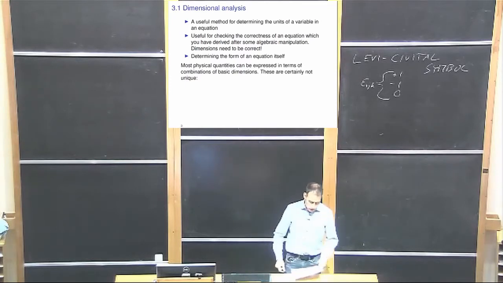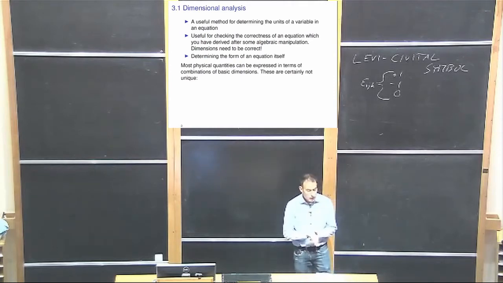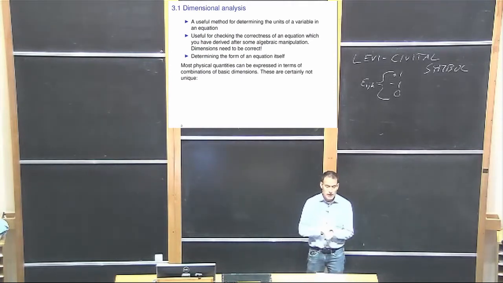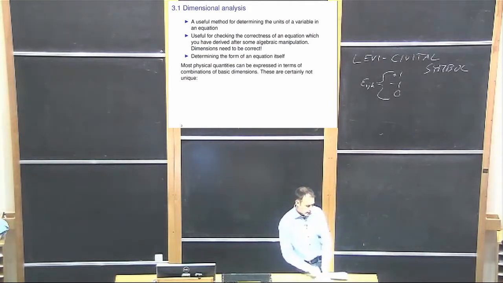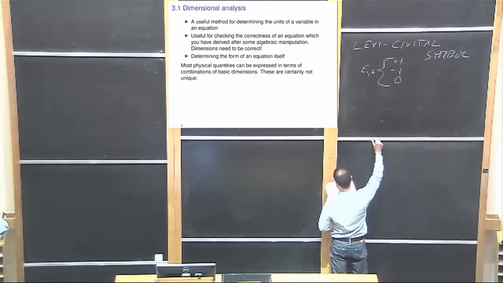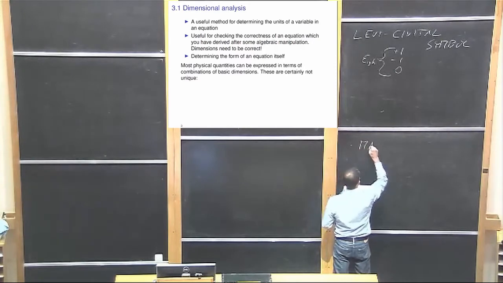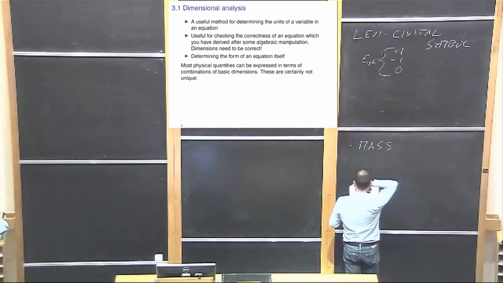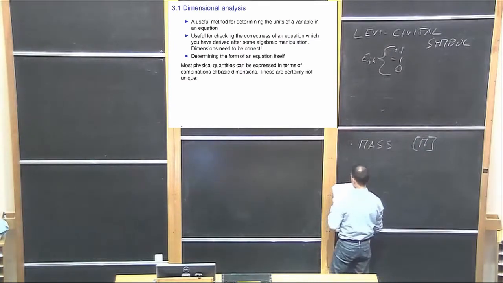Dimensions and units are not the same, because a particular quantity can be expressed in many different kinds of units, but it always has the same dimensions. And we'll get to that in a second. Now, for example, for mass, we usually use M as dimension.